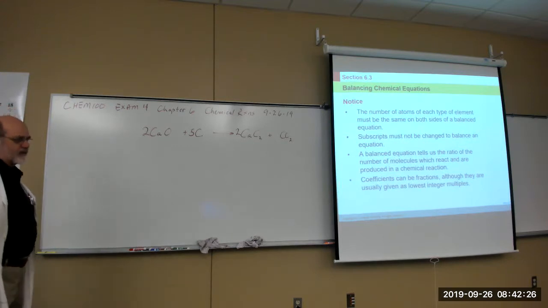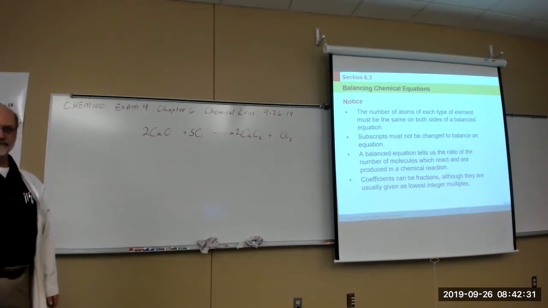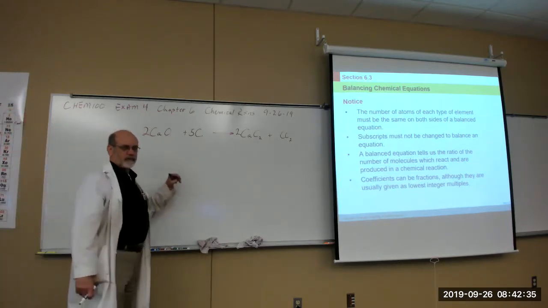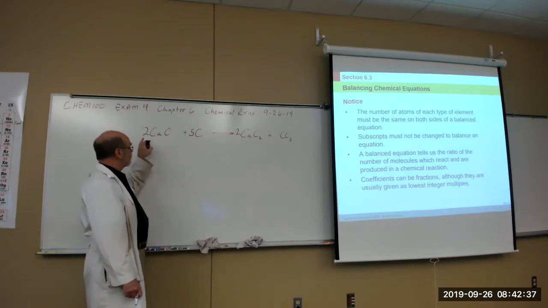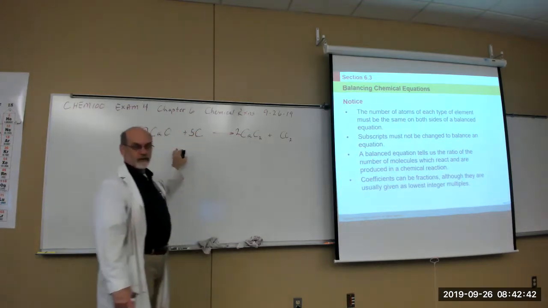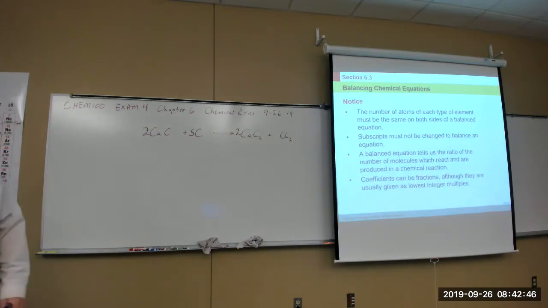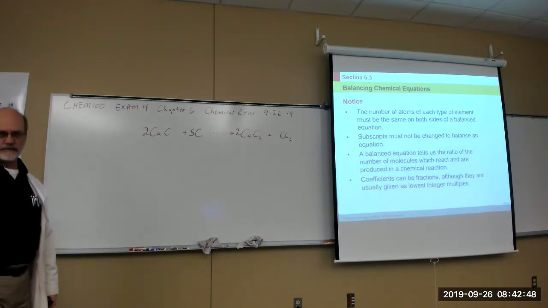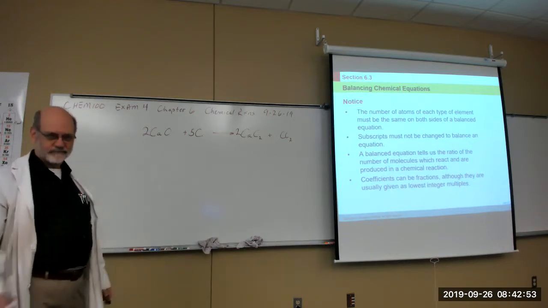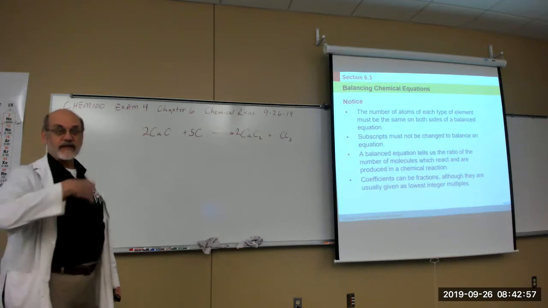Well, coefficients can be fractions, but we prefer the lowest integer. For now, that's the rule. Like the smallest possible integers that maintain the ratio of reactants to products. I don't think we're going to get to a point in this class where we need to use fractionals. Oh, except for one trick. I'll show you that one later, where we use fractionals as an intermediate step.